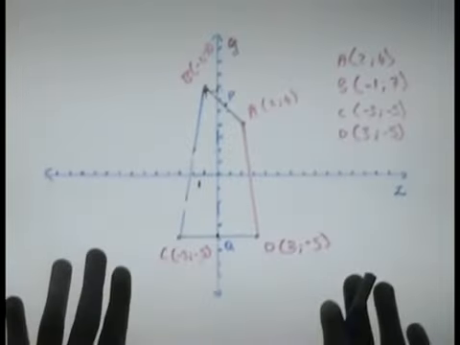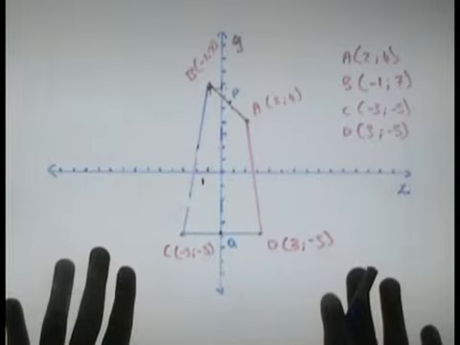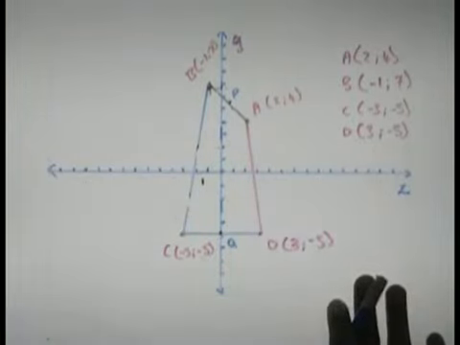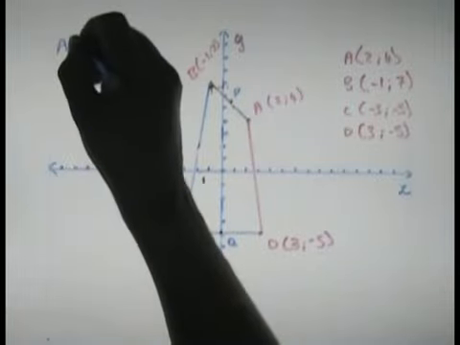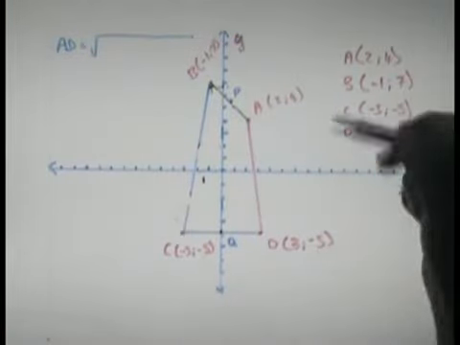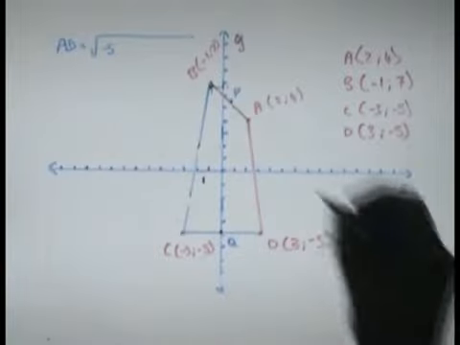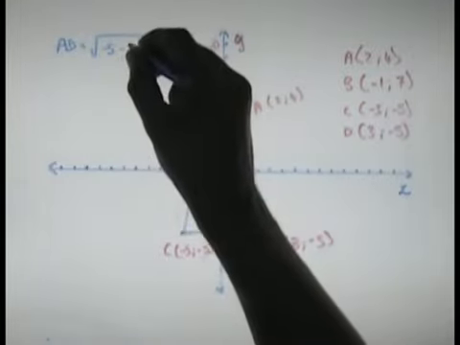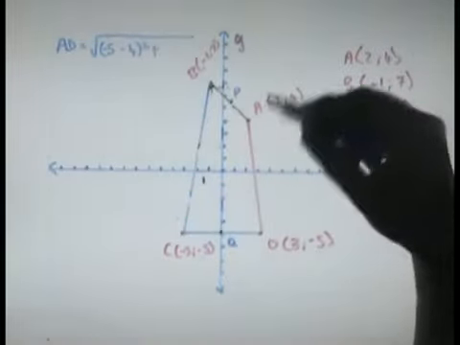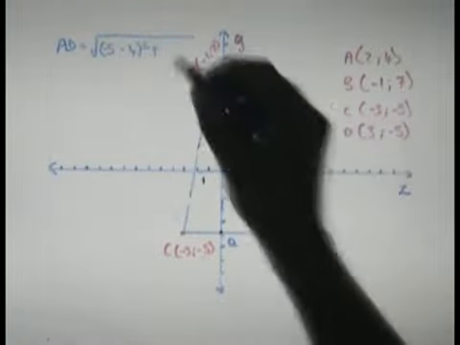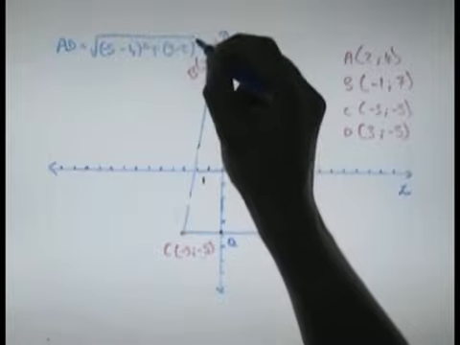Now let us apply the distance formula again to this set of examples we've been looking at so far. I'm going to start by looking for the distance between A and D. Now AD is going to be given by the square root of y2 minus y1 squared, which is minus 5 minus 4 squared, plus x2 minus x1, which is 3 minus 2 squared.